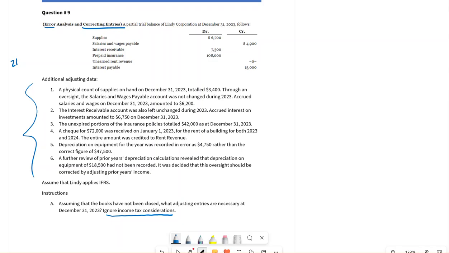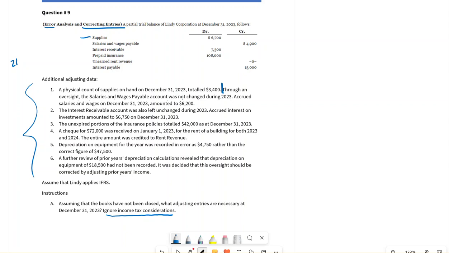A physical count of supplies on hand on December 31st totaled 3,400, though through an oversight, the salaries and wages accrual was not charged. Before we get there, I need to do my first one because it seems like there are two entries in the same. When we do a physical count at the end of the year, our supplies account shows a balance of 6,700.